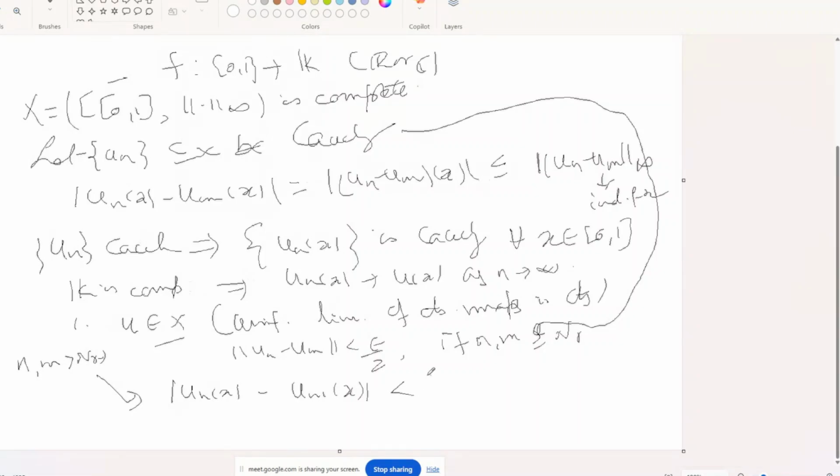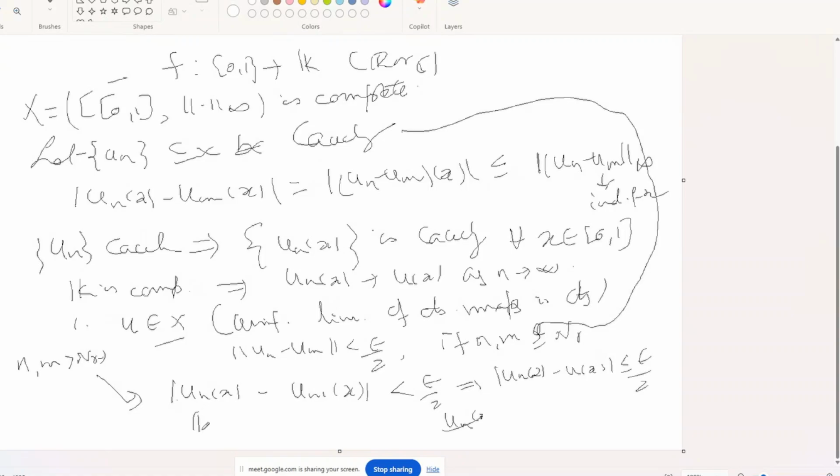That is less than or equal to epsilon by 2. Now fix n and let m go to infinity. So this implies that mod of u_n(x) minus u(x) is less than or equal to epsilon by 2. Take the supremum here.